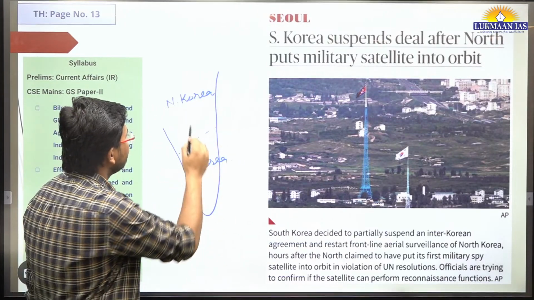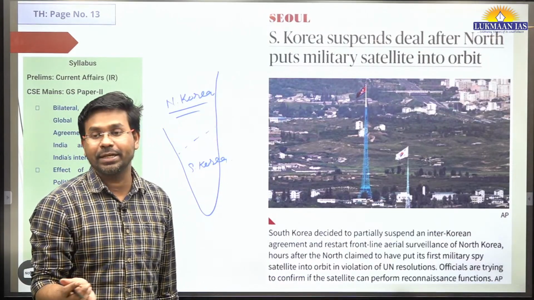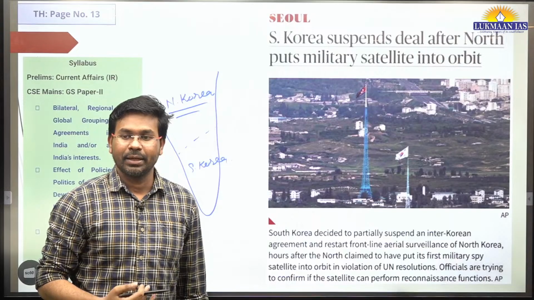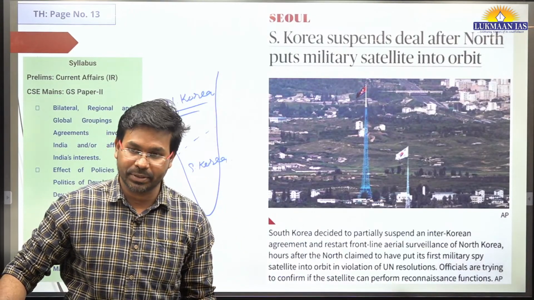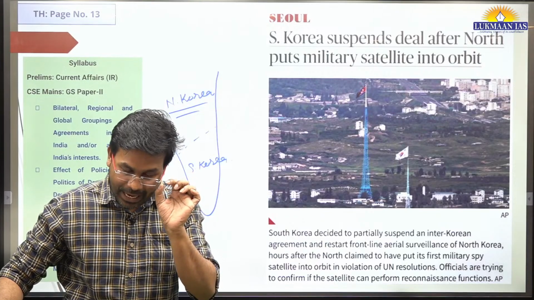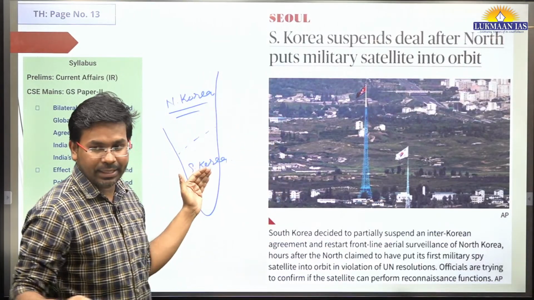We discussed that North Korea has put a satellite into orbit, and that satellite is considered to be a reconnaissance satellite. A reconnaissance satellite means a satellite that can be used for spying purposes. It gives very high resolution images of, let's say, another country.